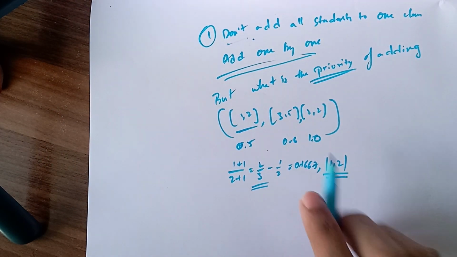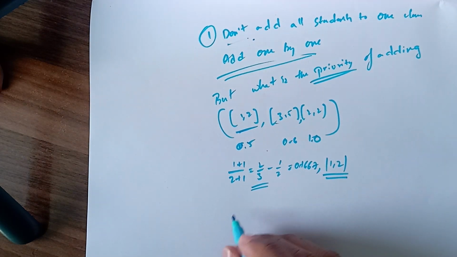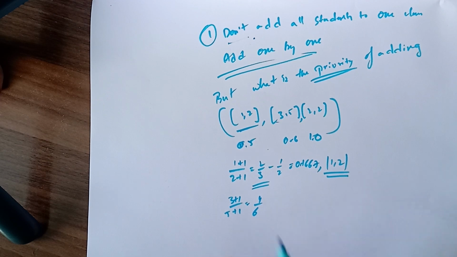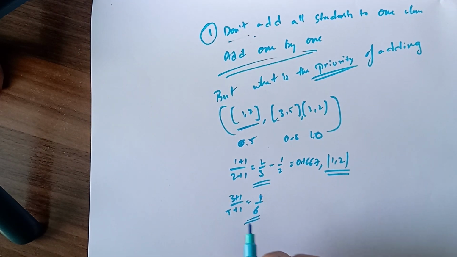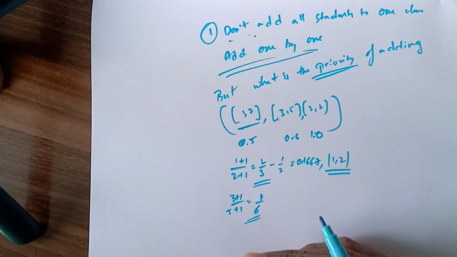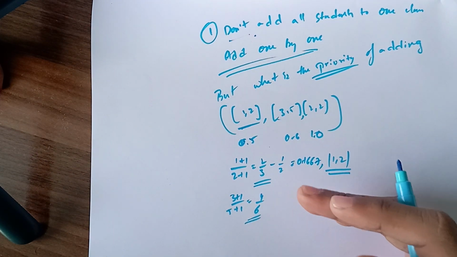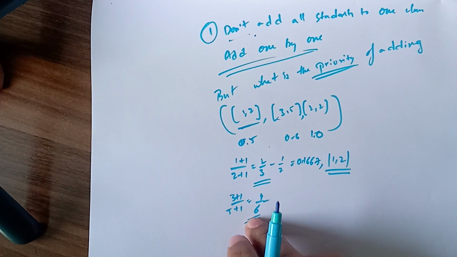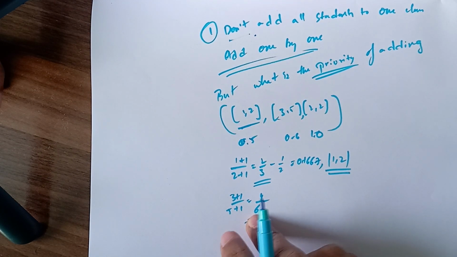Now for 3 comma 5, adding one student gives 3 plus 1 by 5 plus 1, which is 4 by 6. Now 4 by 6 is the new ratio with the new passing students and total students.